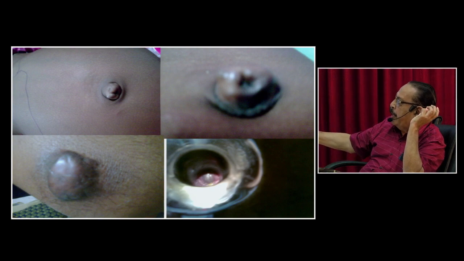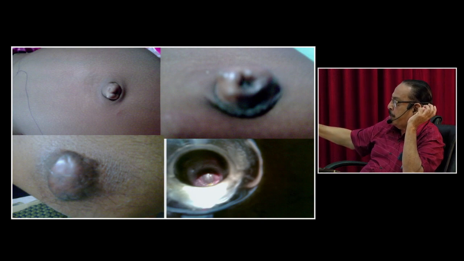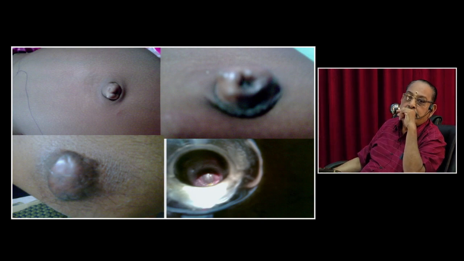What is this in ascites? What do you see? Can anybody make a diagnosis? This is caput medusae at the umbilicus, which has to be differentiated from umbilical hernia. Caput: blue skin. Umbilical hernia: normal skin.